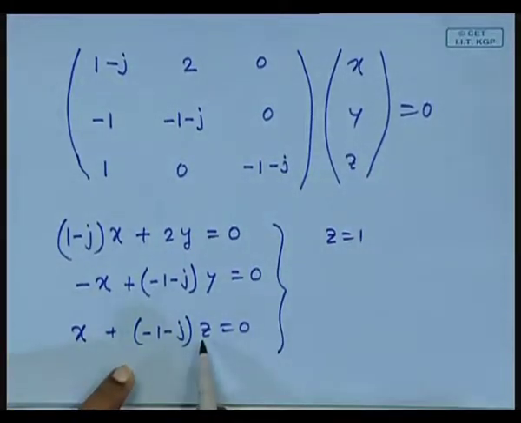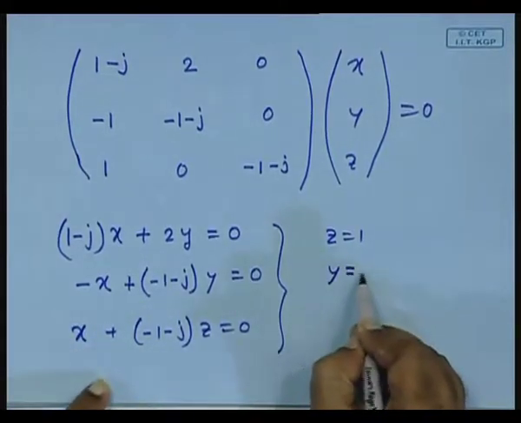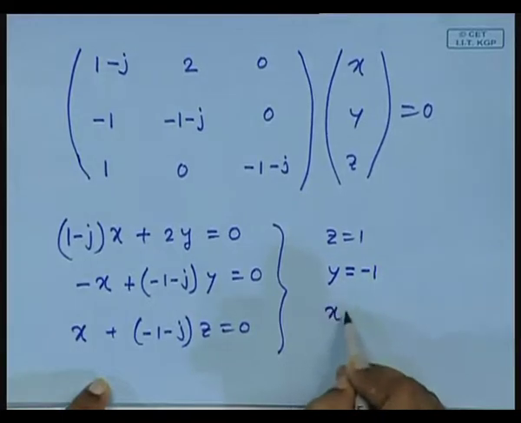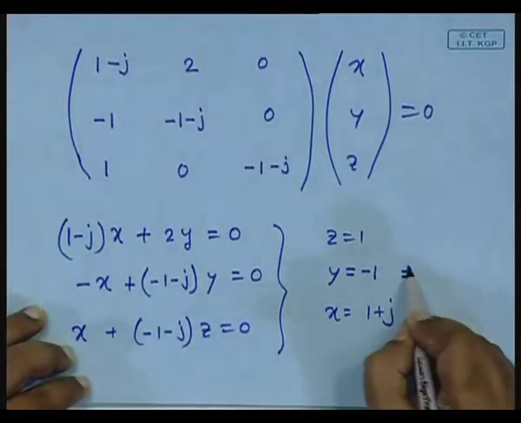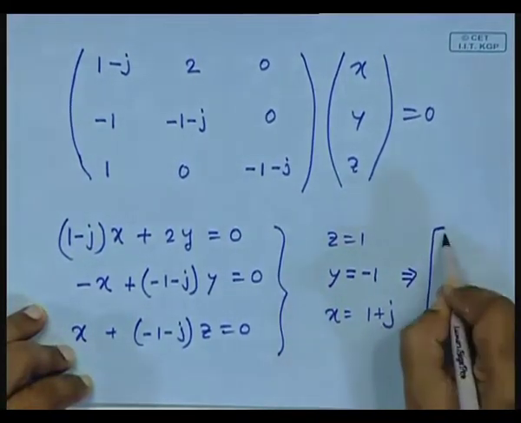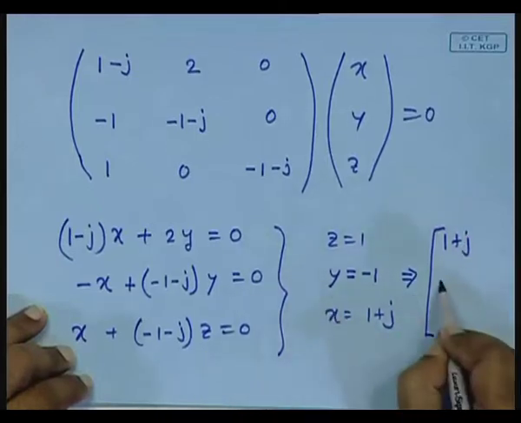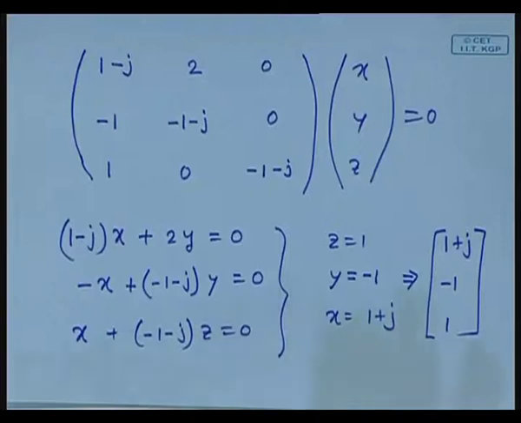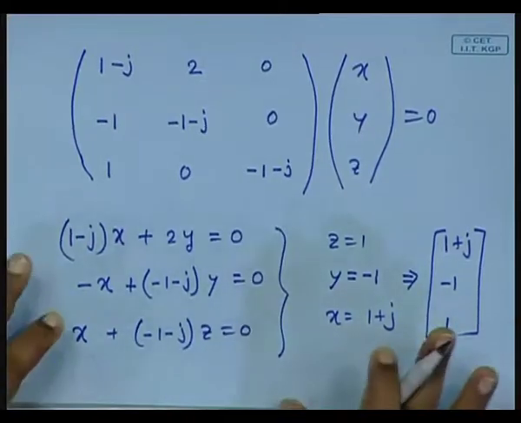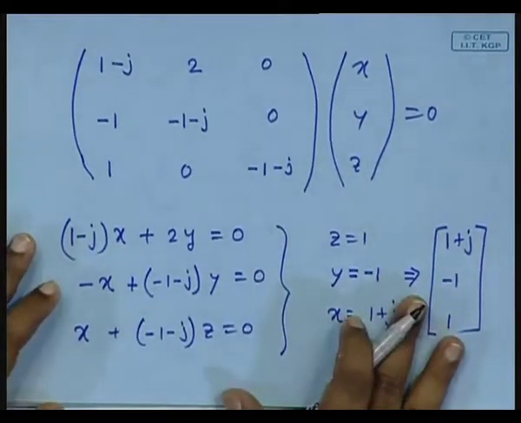Z equal to 1 means y equal to minus 1, and x equal to 1 plus j. Fine. So, your eigenvector is 1 plus j, y is equal to minus 1 and z is equal to 1. Great. Is the concept clear how to obtain it?